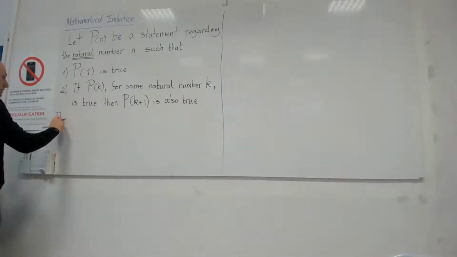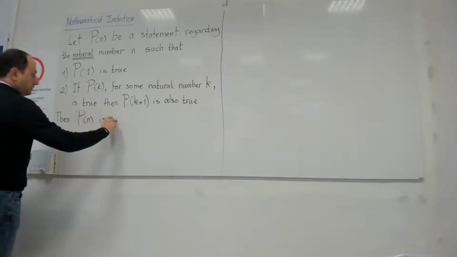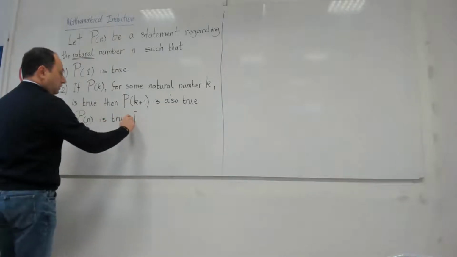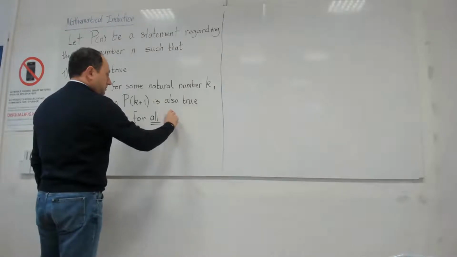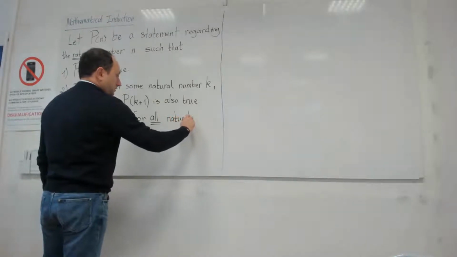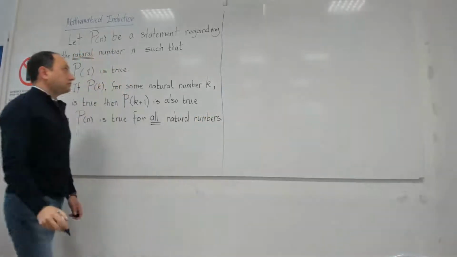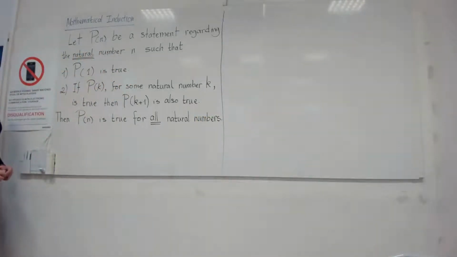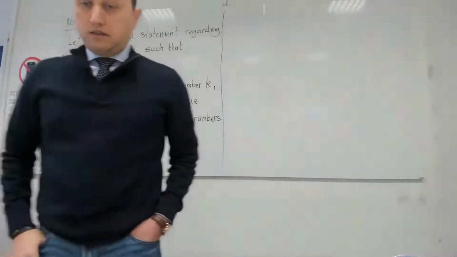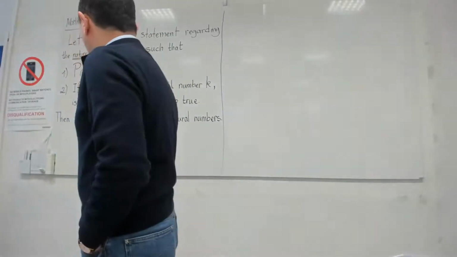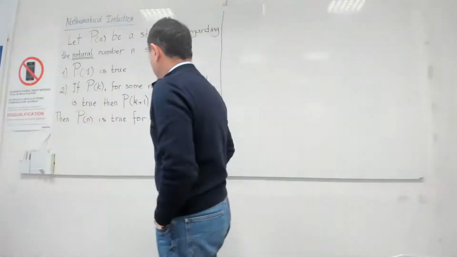Then P(n) is true for all natural numbers. So this is called the principle. No, k should be 1 as well. It doesn't matter. In this case, k can also be 1.